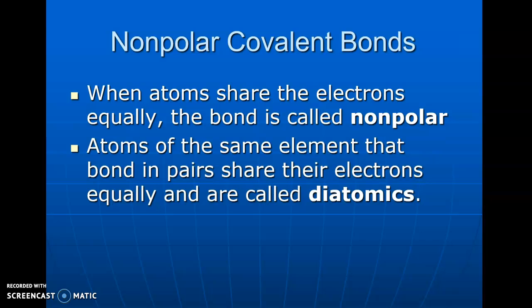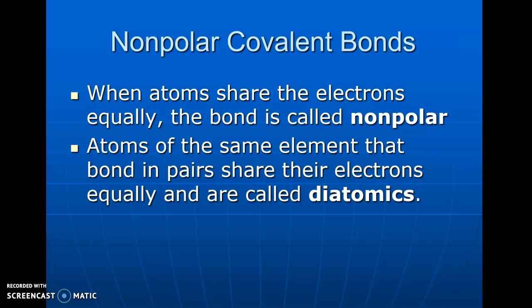There are 7 diatomics: hydrogen, nitrogen, oxygen, fluorine, chlorine, bromine, and iodine are all diatomics. That means that they exist as 2-atom molecules. That's where the diatomic comes from. Di meaning 2, atomic meaning atoms. They exist this way in nature.